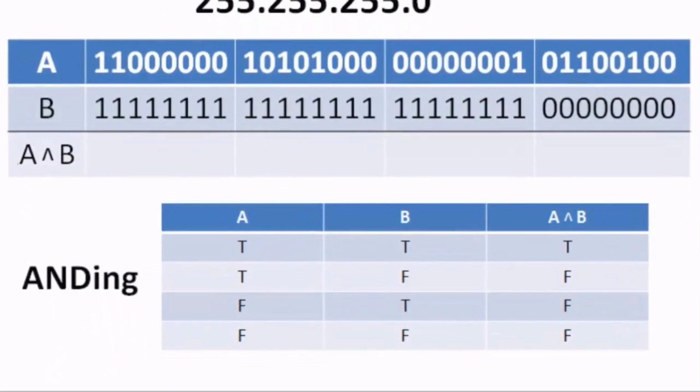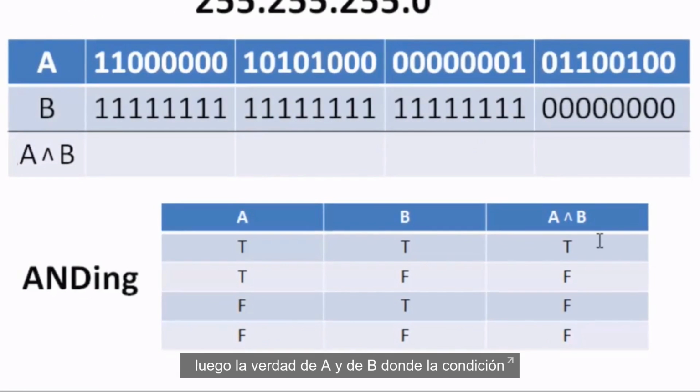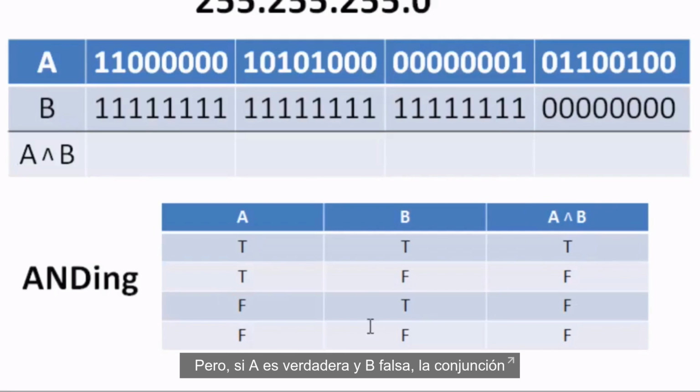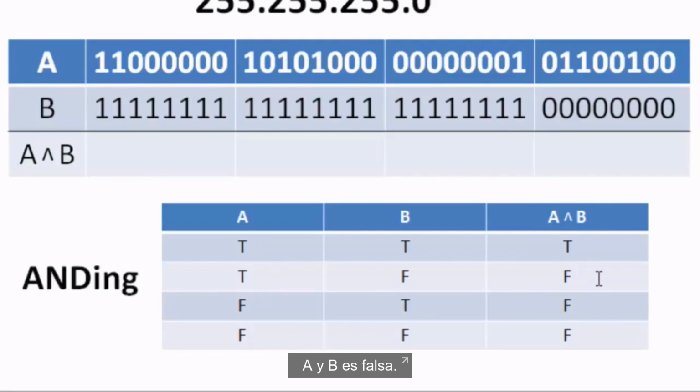If A is true and B is true, then the truth of A and B, with the necessary condition being the conjunction and, is also true.